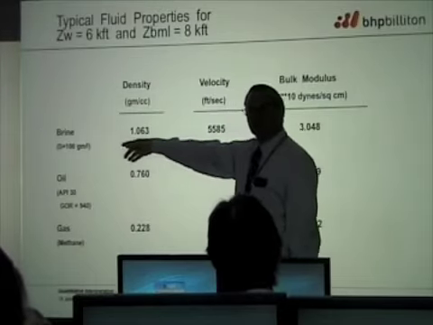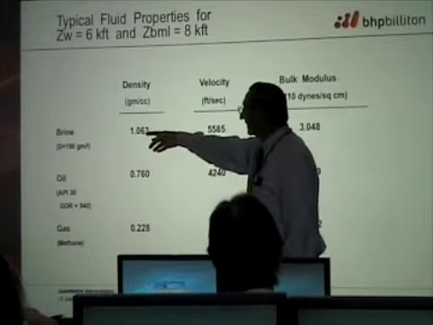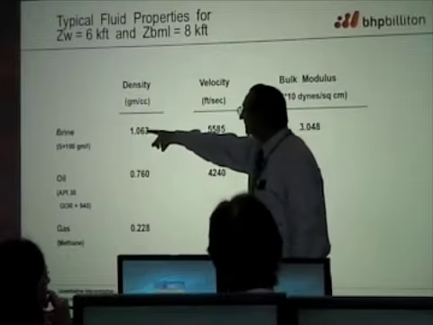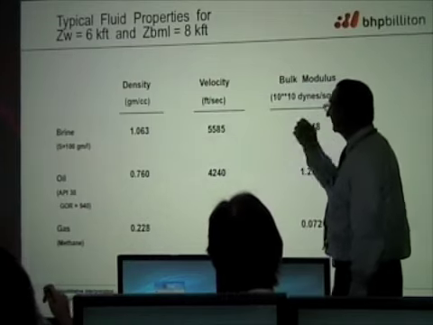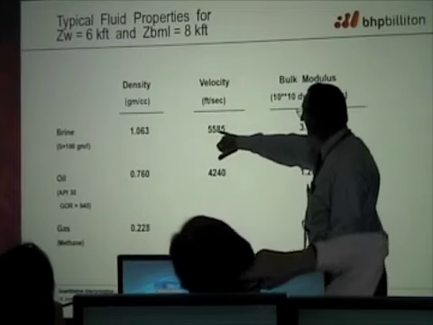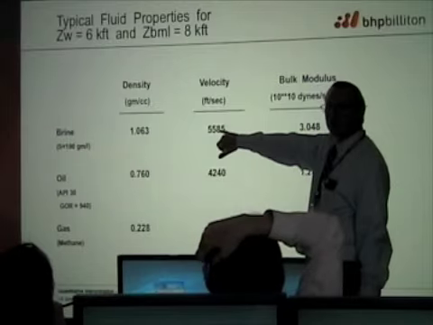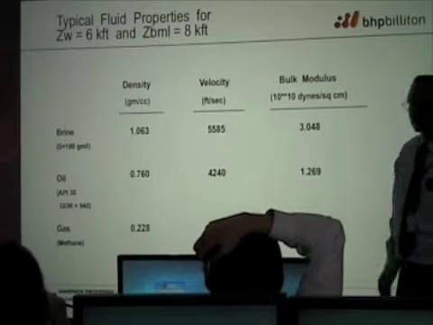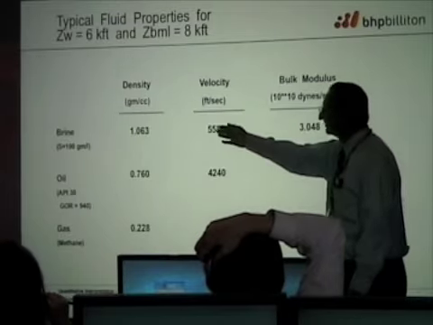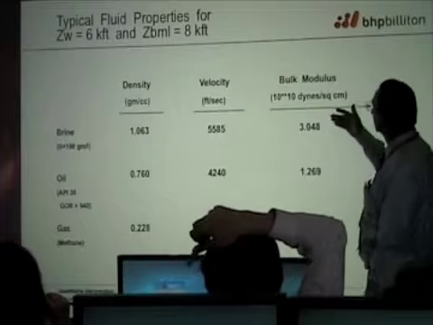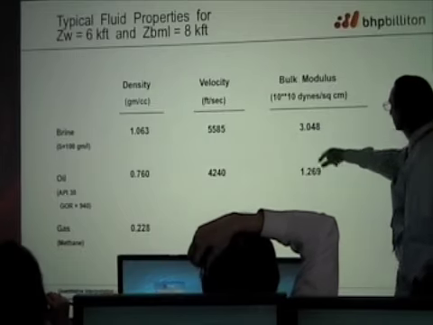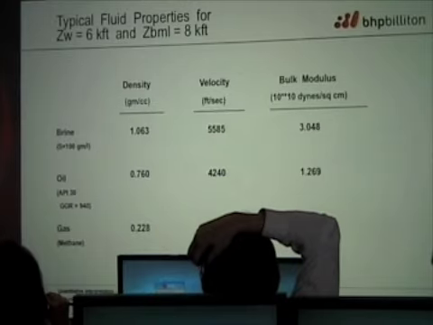Seawater is about 30. Saturation is probably around 200 grams per liter. Density is 1.06. The velocity is a little higher than our standard 5,000. You think of 5,000 feet per second or 4,860 or something in shallow water seawater, but it's a little higher because the pressure is higher and the salinity is greater. And the bulk modulus for these two numbers turns out to be, in these units, 3.05, okay?